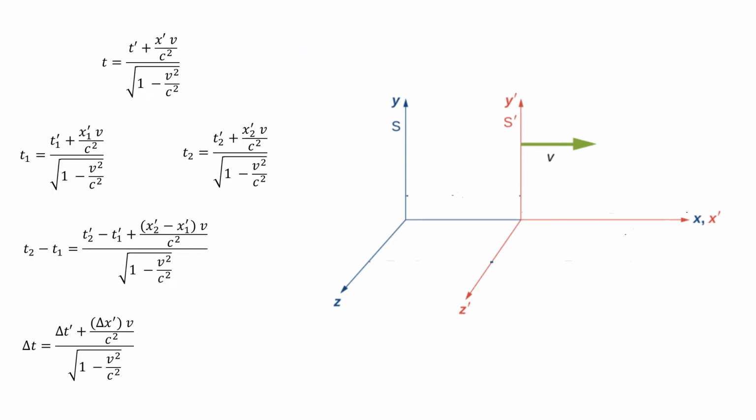We use the transformation to express t in terms of t prime and x prime. So we can express t1 in terms of t1 prime and x1 prime, and t2 in terms of t2 prime and x2 prime.